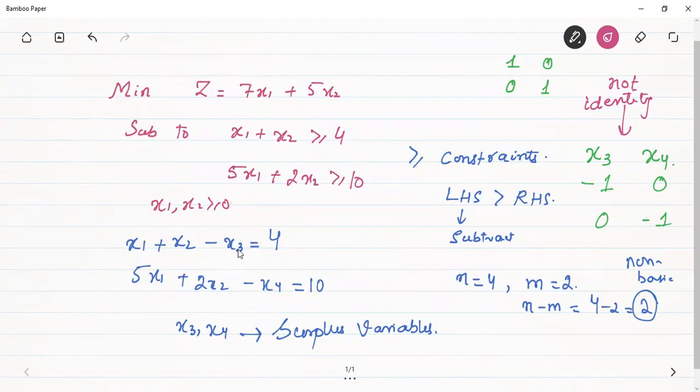Now one more limitation here is that if I write the constraints again, x1 plus x2 minus x3 is equal to 4. If I'm writing this first constraint, in the first iteration, what we do in the first step, we bring the basic variables in terms of the non-basic variables.